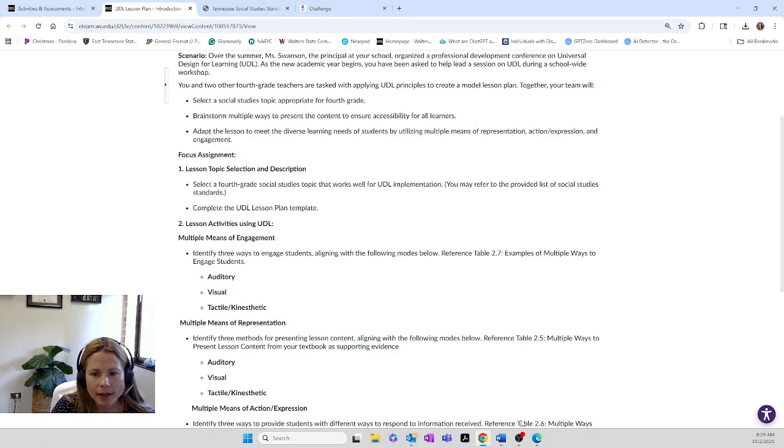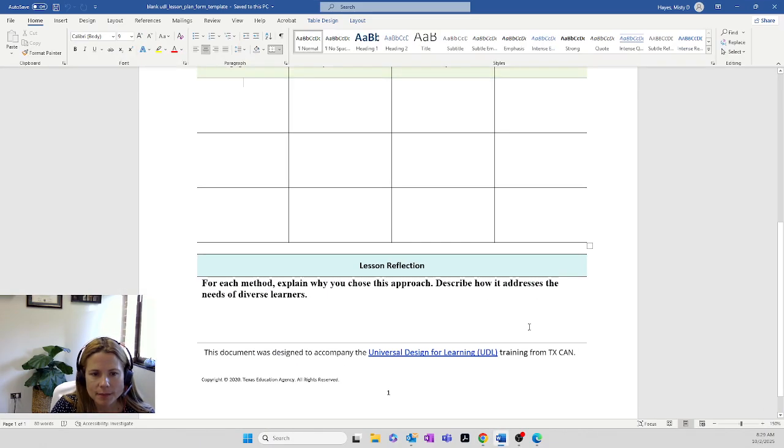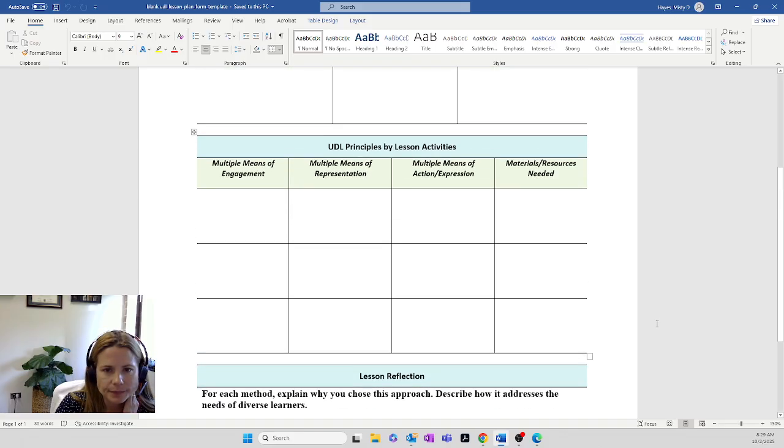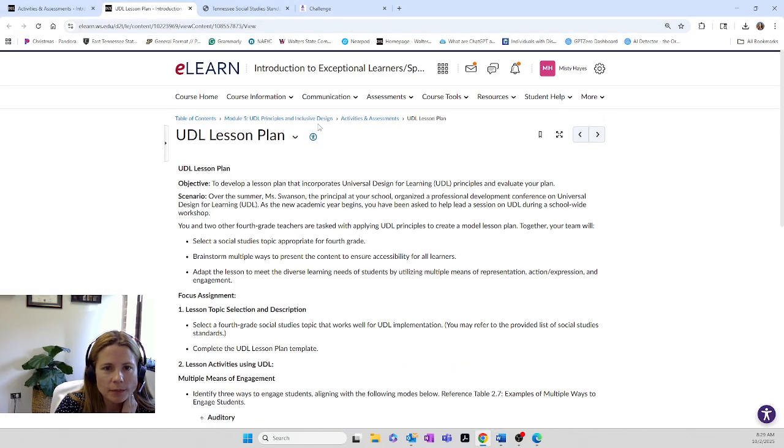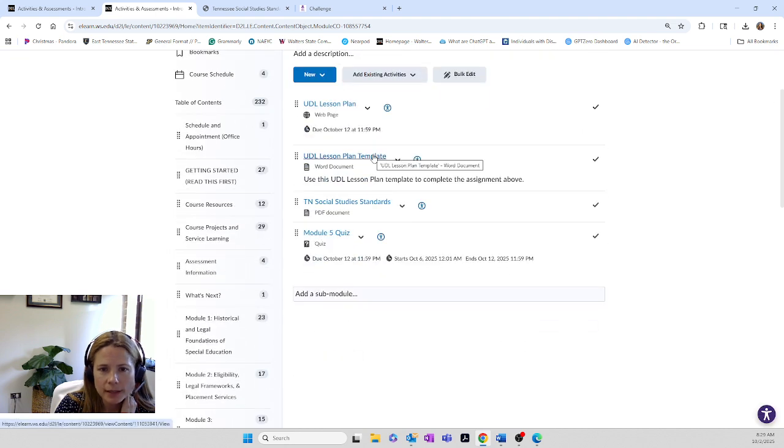And I didn't put that in the lesson plan form, but I do want you to write it in this same box here. So that will be pretty much your activity that you will complete. Again, if you look at activities and assessments, you've got the lesson plan template there. You're going to fill it out. The directions are the first one you'll see, and then you've got your social studies standards to pick from there.